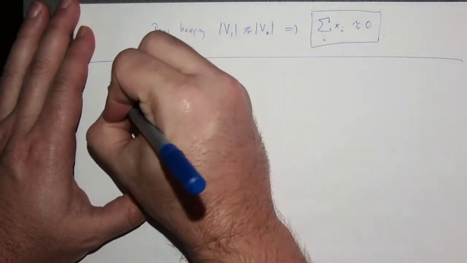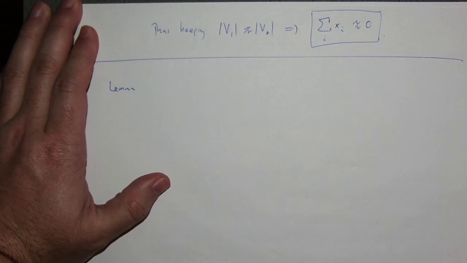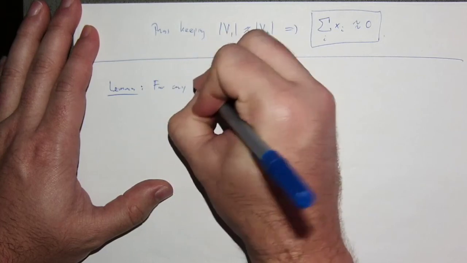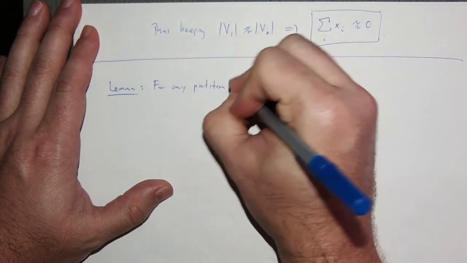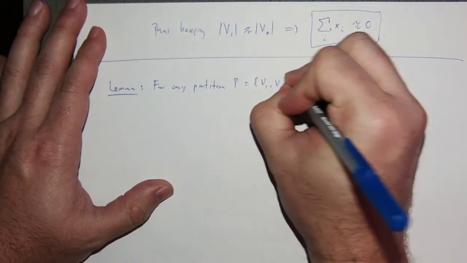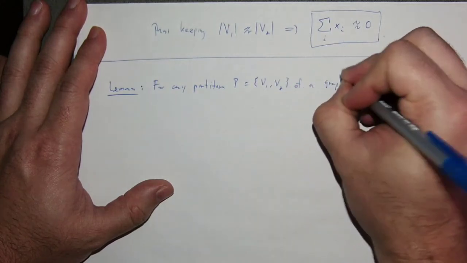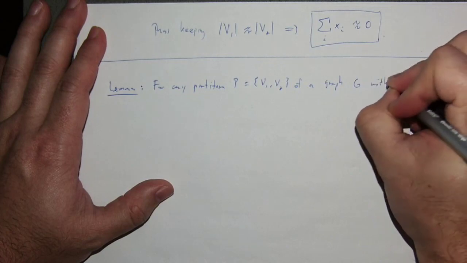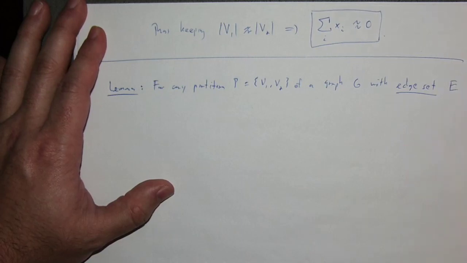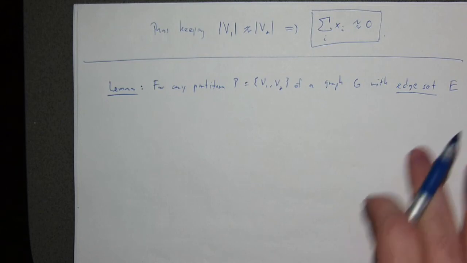The lemma, on page 14 or 15 in the notes, says for any partition P, which I can write as V1, V2, of a graph G with edge set E. I can't remember if I defined the edge set before. The edge set is exactly what it sounds like. It's the set of all edges, but I'm not counting them twice.